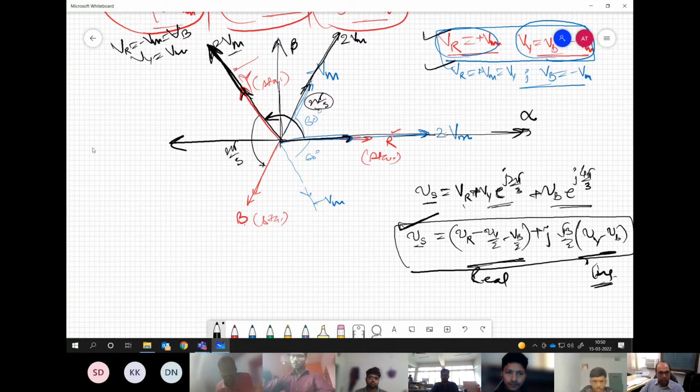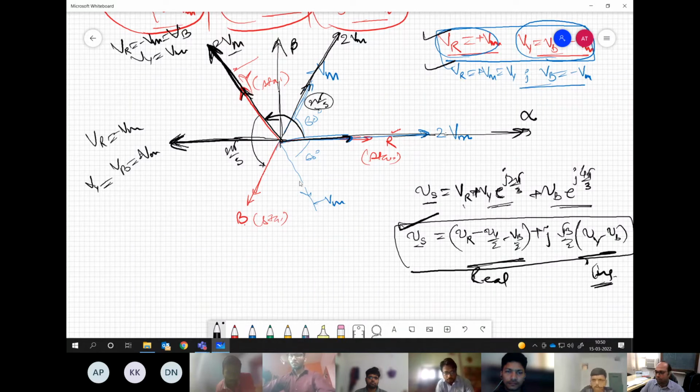Similarly, for another option where Vr is minus Vm and Vy and Vb are plus Vm, your voltage vector will appear here. You understand my point?